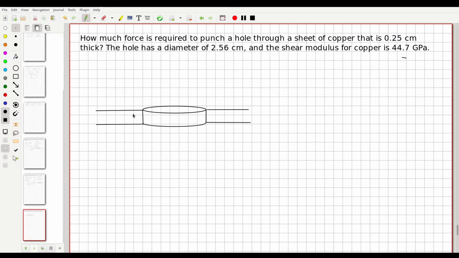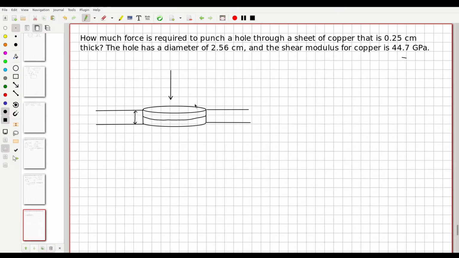The reason I'm doing this is to show you that if you think of these as being the pinned areas, your force is like this. Your force is going to be parallel to the area, the area of this all the way around that you're trying to punch. That's your area.